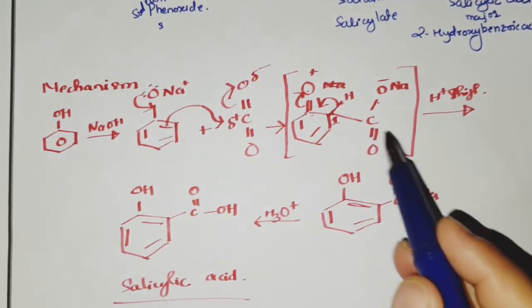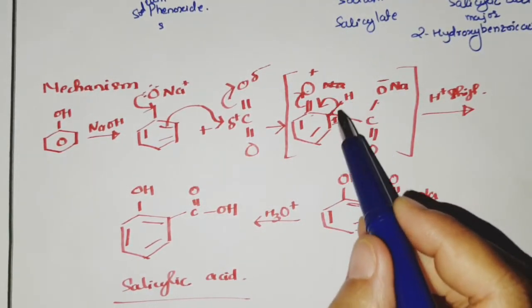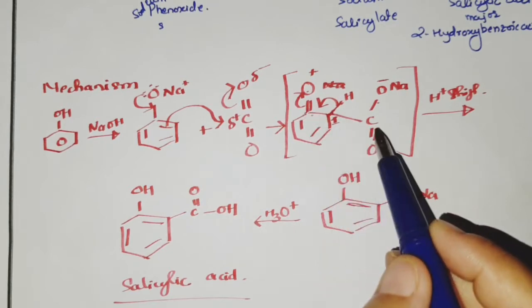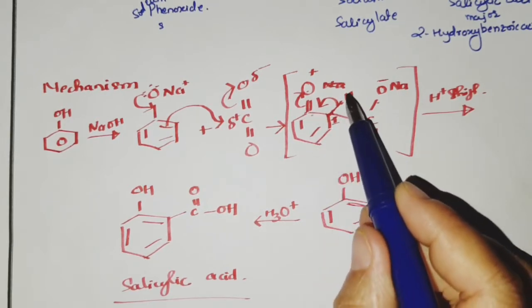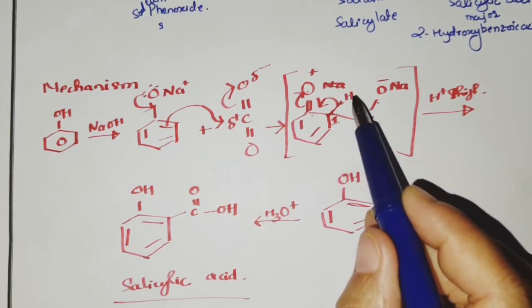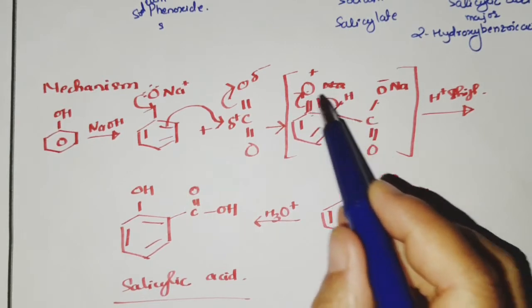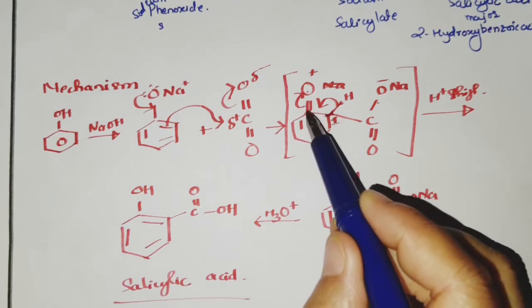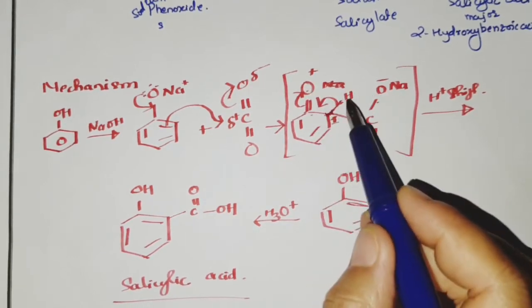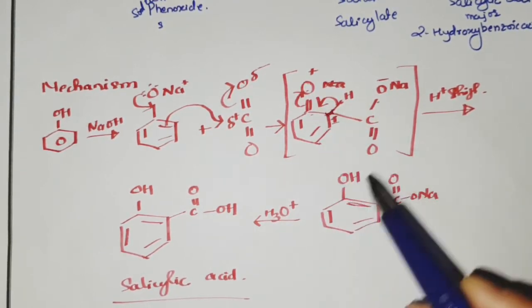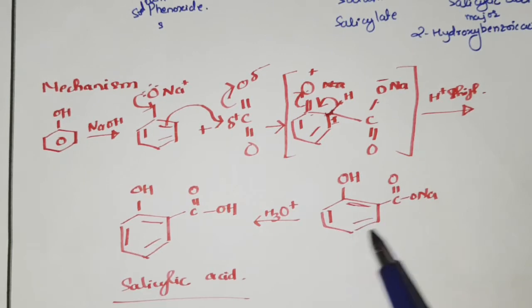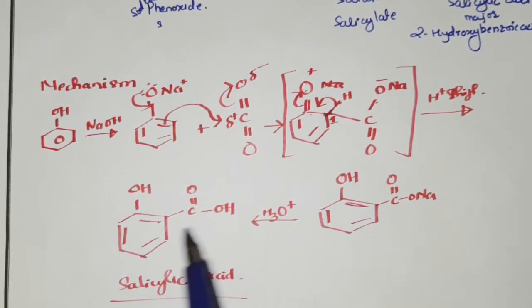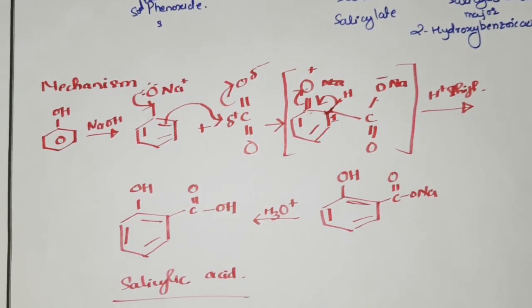Now in this species, a hydrogen shift will take place from carbon 1 to this oxygen. So you will again get sodium salicylate, and upon hydrolysis this will give salicylic acid.